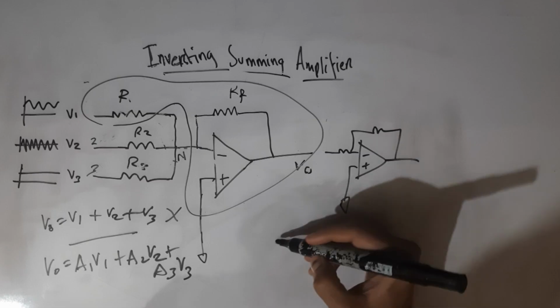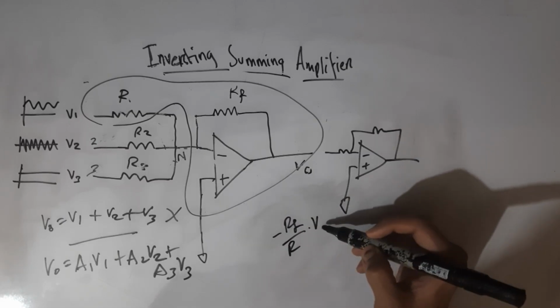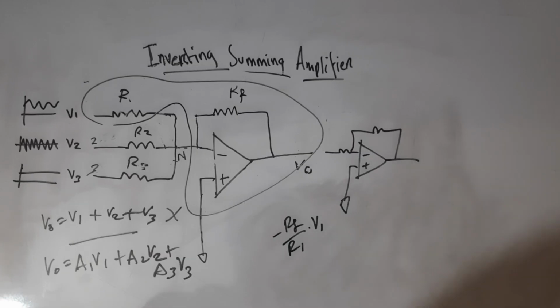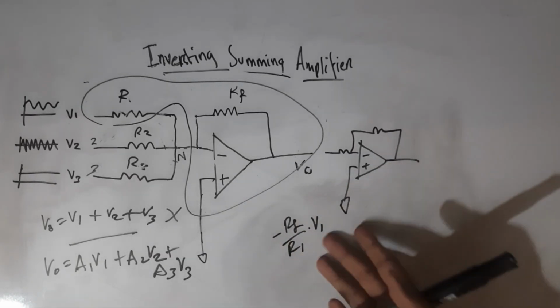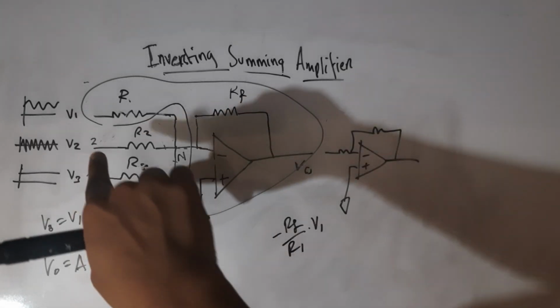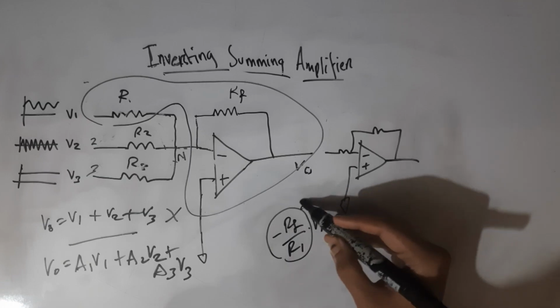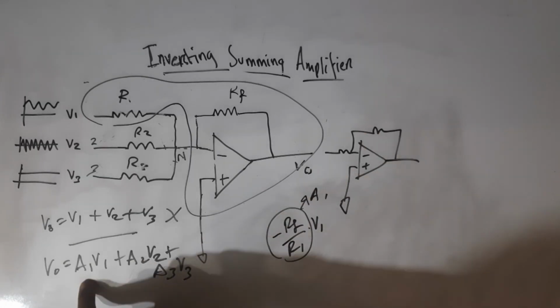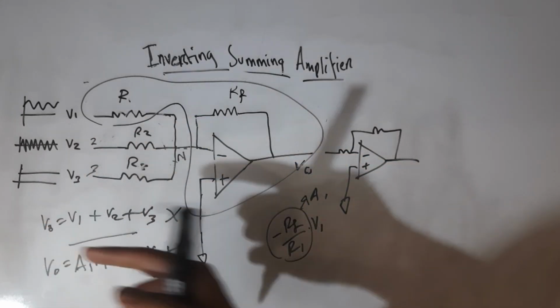The inverting amplifier equation is minus RF by the input resistance multiplied by the input voltage. This is the very first equation you will learn in the op-amp chapter. V1 is the input voltage which we have. RF by R1 is our A1. So we have our gain, we have our input voltage. Repeat the same process for other channels as well.